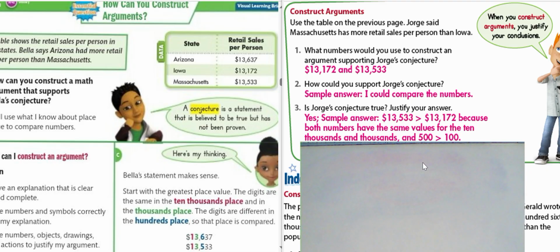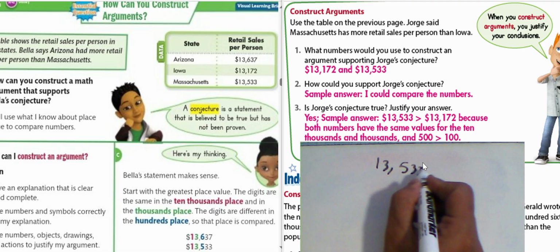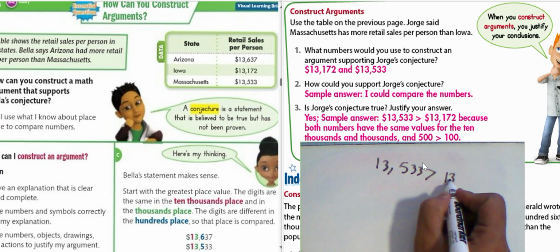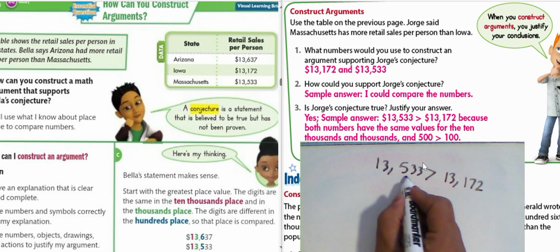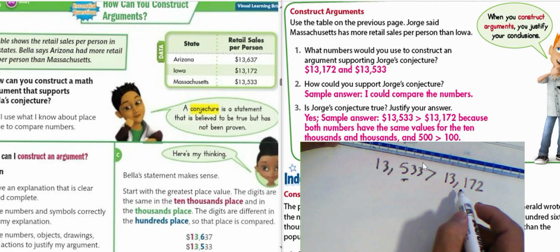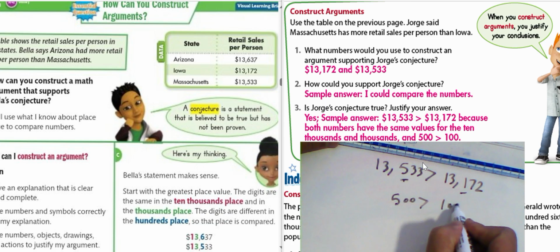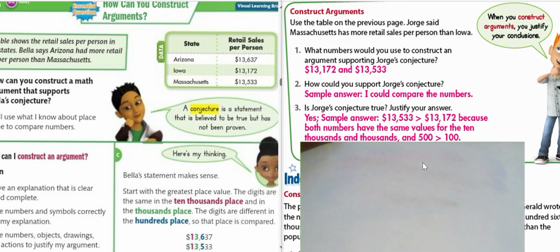Understood? He asked you, did she solve it correctly? Yes. Look at here. We have 13,533 greater than 13,172. The value of digit 5 here will be 500 and the value of digit 1 here, 100. 500 is greater than 100. So she solved the example exactly right.